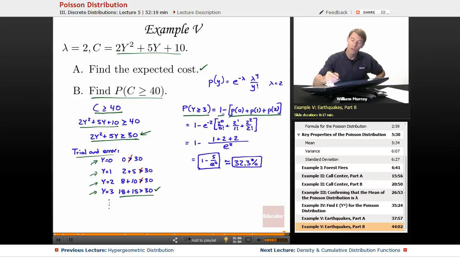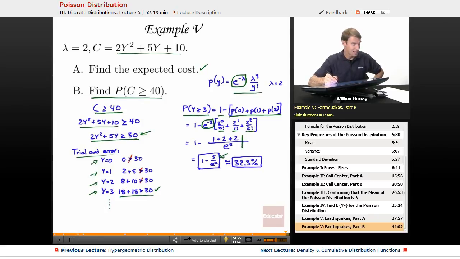So I used my Poisson distribution formula. In particular, I noticed that one of these factors is constant, so I factored that out right here. That's the e to the negative 2. And then for the other terms, I was just plugging in the different values of y equals 0, y equals 1, y equals 2. And all of those gave me pretty simple numbers to simplify down.